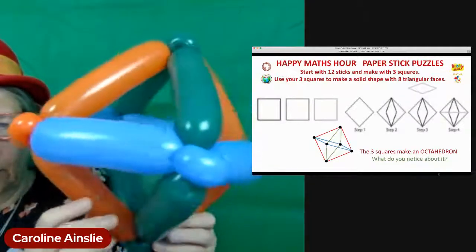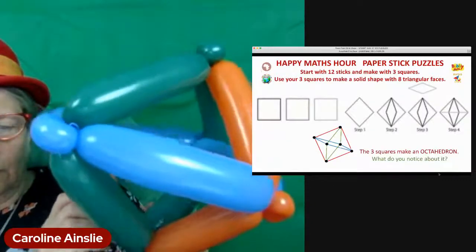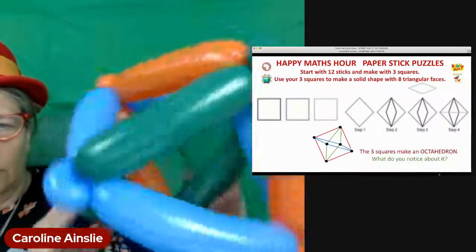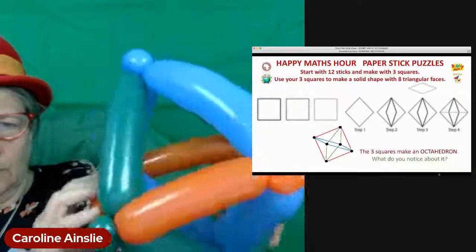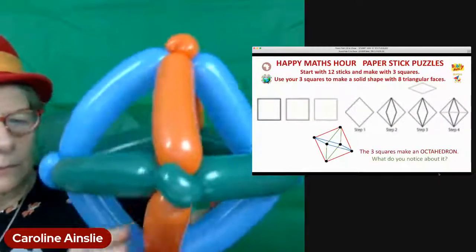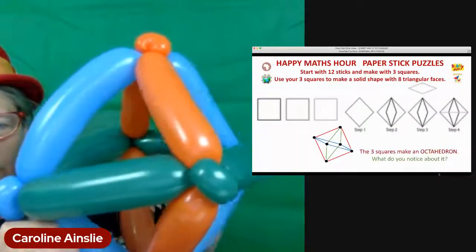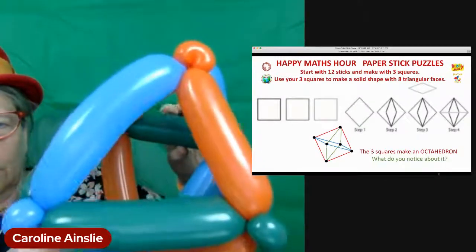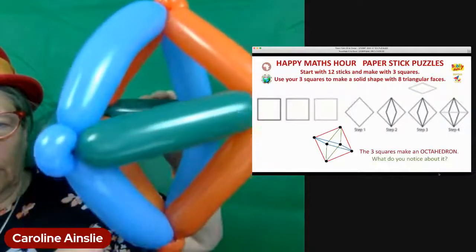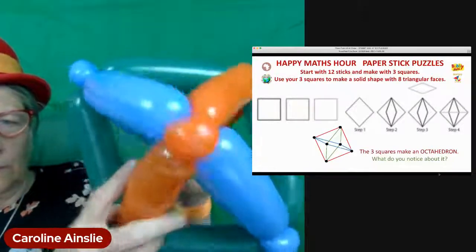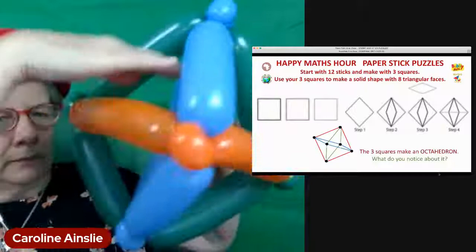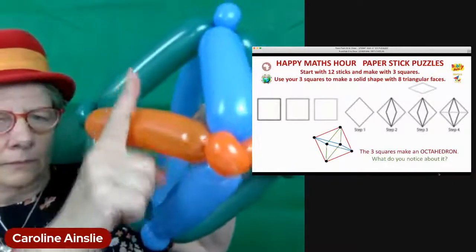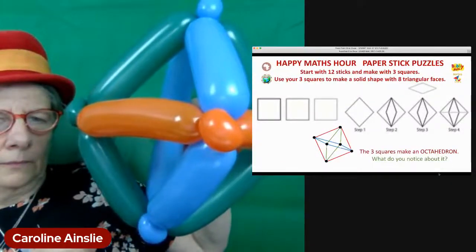And what about the other squares? In the picture on the slide, you can see the red square. Well, Caroline's is orange. And you can see the square-based pyramid on each side, 2 square-based pyramids on each side, up and down.